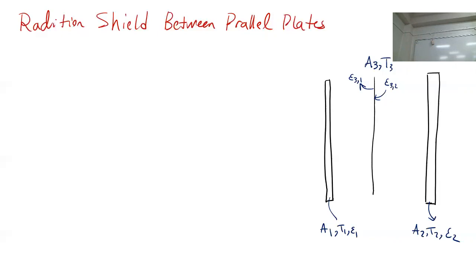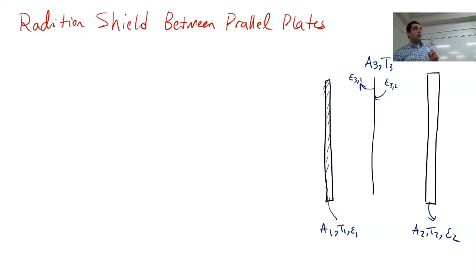Now, this almost looks like you have four surfaces. Why? Because I have one surface here, the left-hand side of this shield, another surface you can assume the right-hand side of this shield because the emissivities can be different, and another, last fourth surface is the right-hand side.